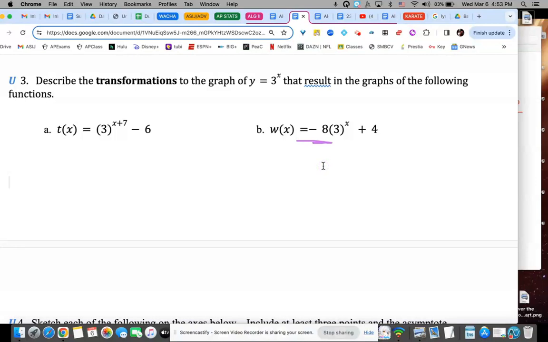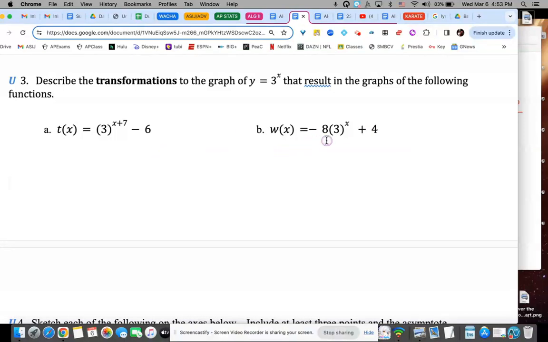You just say it that way, a vertical stretch of 8. And then I'm also going to have that negative, which is going to reflect things over the x-axis. It's changing positive y values into negative and negative y values into positive y values. So it's reflecting over the x-axis. Things are flipping this way, right? Okay, that's what this negative does right here.